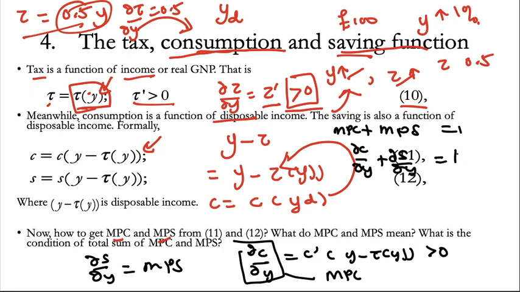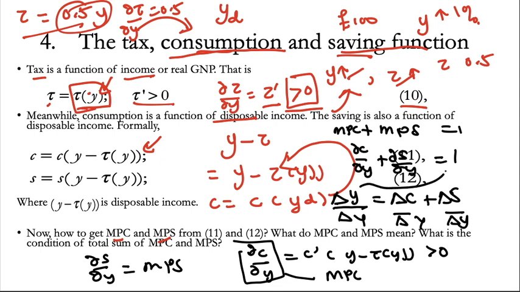Why does this one become 1? Okay, when you learn in your undergraduate level of macroeconomics, you know that you can have income which can be consumed and saved. Let's assume no tax for simplicity of understanding. Your income can change, therefore your consumption as well as your saving can change. So if you divide this change by change in Y, what you get here is 1.